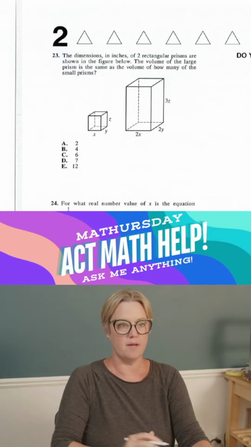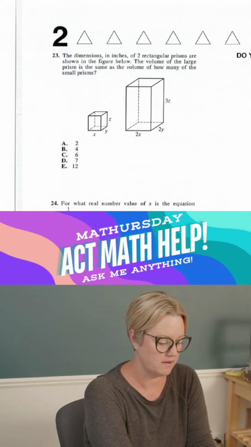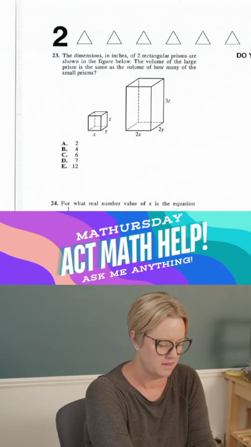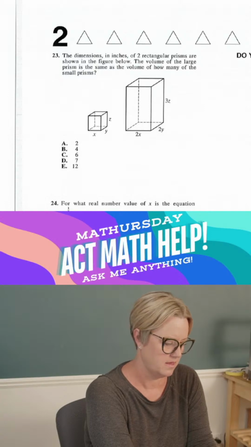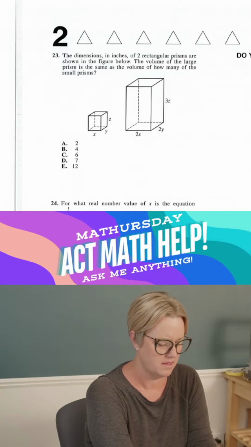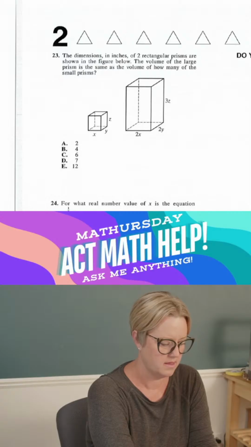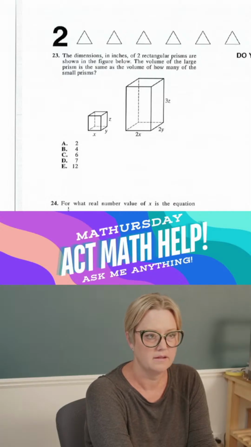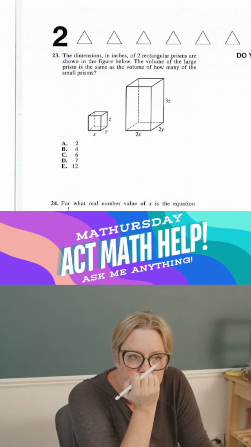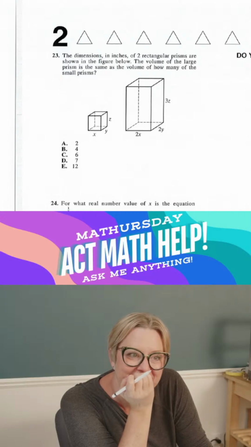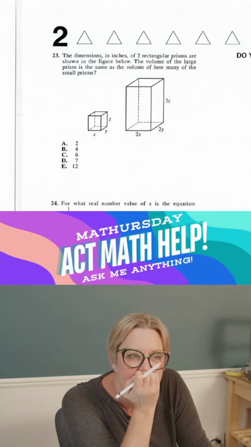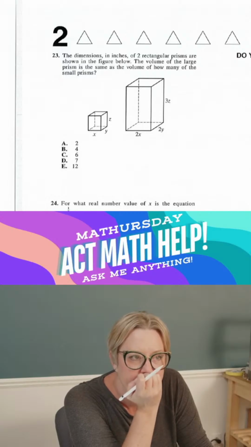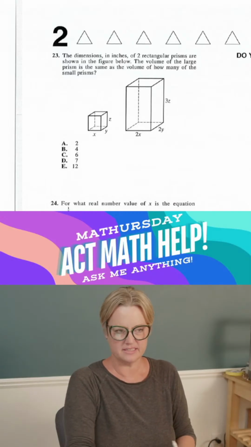Let me know if you guys need me to move it down or move it up or zoom in, zoom out, all that good stuff. Okay, let me know, make sure you guys can all see that and everything.